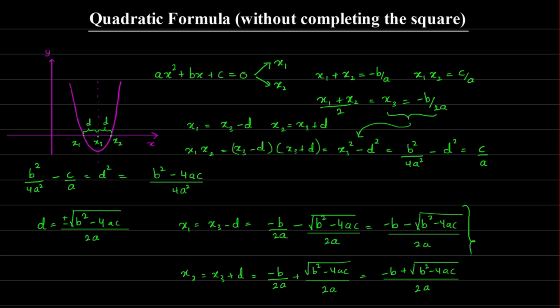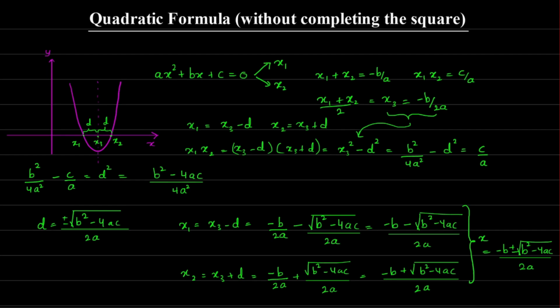Now putting both of these together, we get x equals minus b plus or minus the square root of b squared minus 4ac, divided by 2a. And this, ladies and gentlemen, is what we call the quadratic formula.